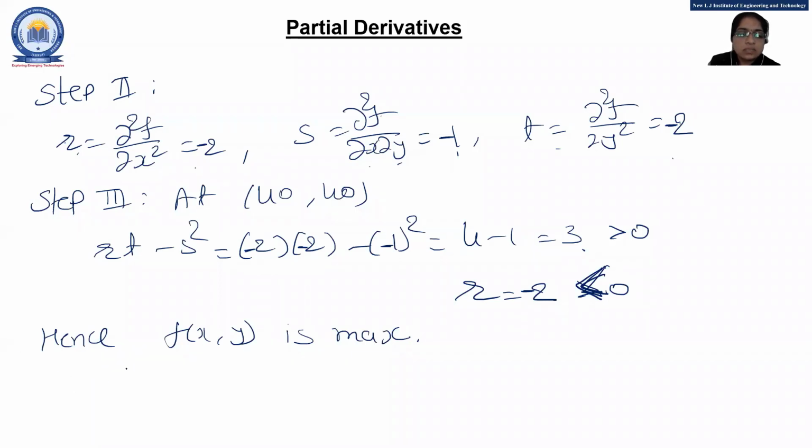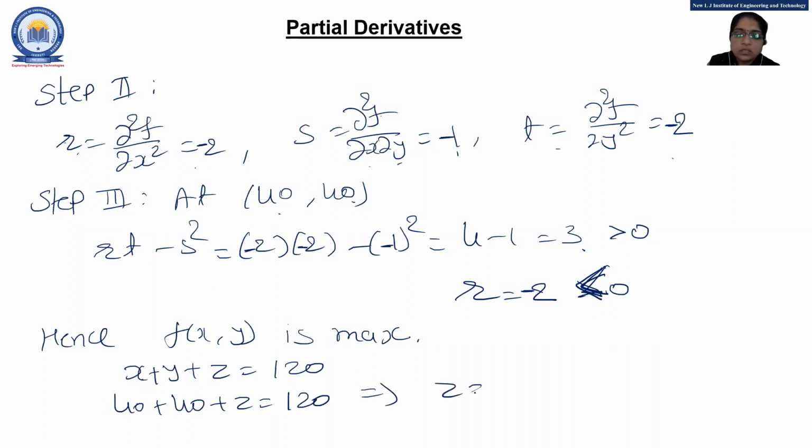Here x plus y plus z is equal to 120, and hence for this f of xy, our x is 40, as we are finding our function at the point 40, 40. The value of x is 40, y is also 40. So by putting the values of x and y, the value of z is again 40. So z is 40, right? Students, please listen carefully.